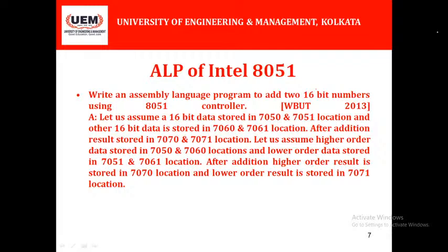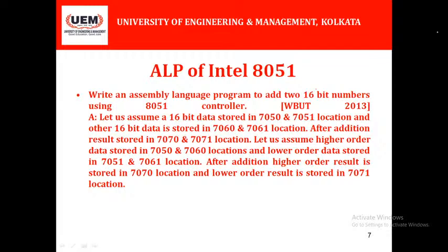So let us assume that a 16-bit data is stored in 7050 and 7051, and another 16-bit data is stored in 7060 and 7061 locations, and after addition the result is stored in 7070 and 7071 locations.